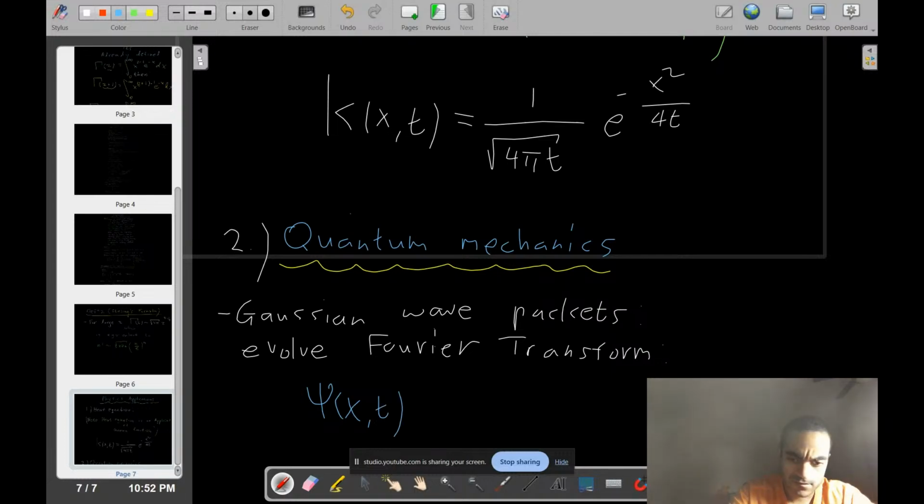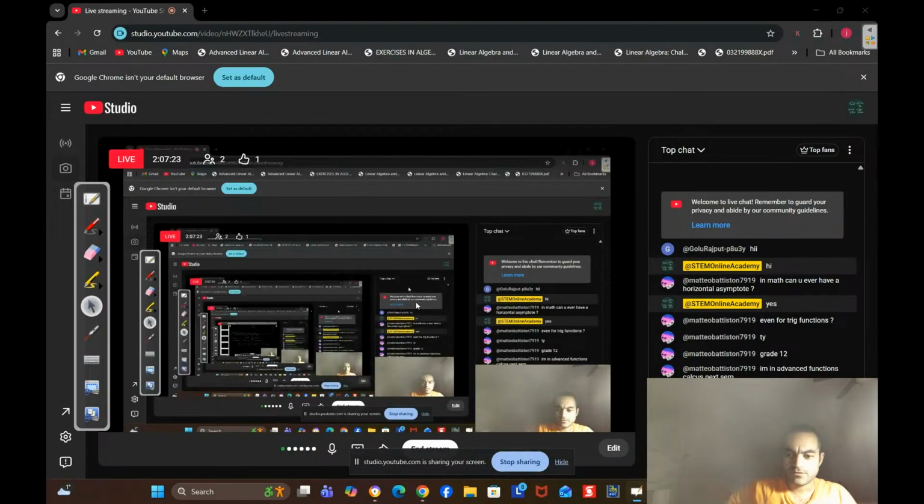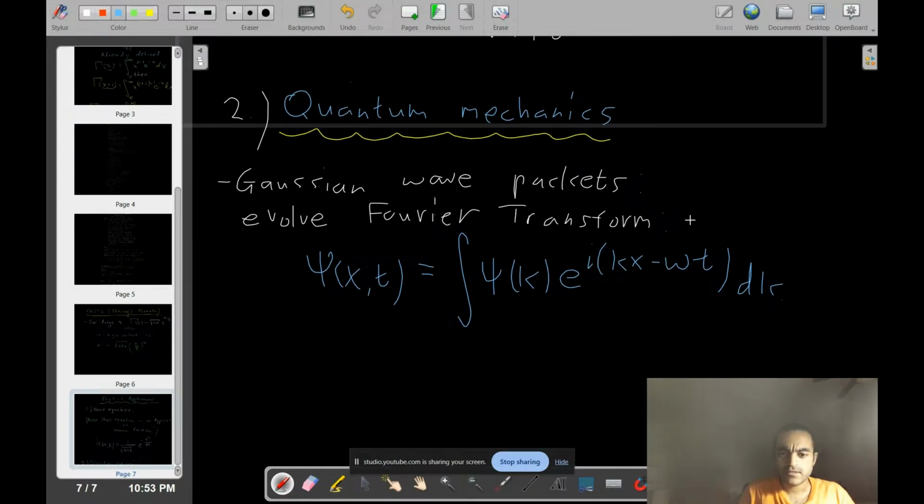It is equal to an integral of psi of k, the wave number k, times e to the power of i times kx minus omega t, with respect to k. Okay, hope you guys are on the same page for most of you.